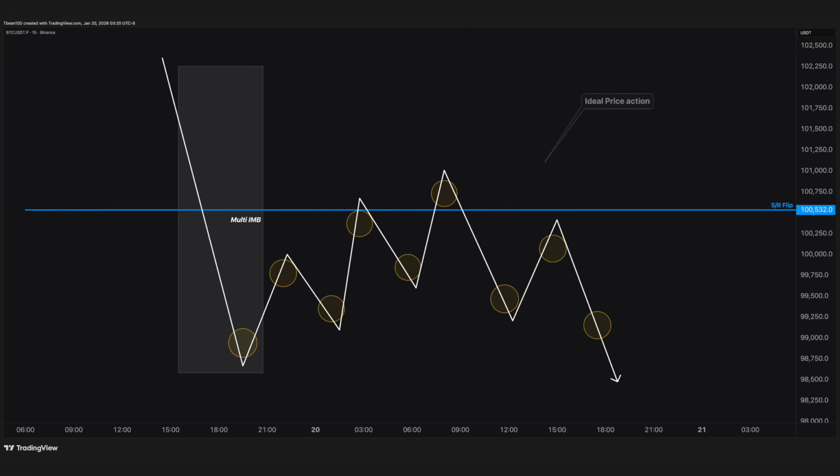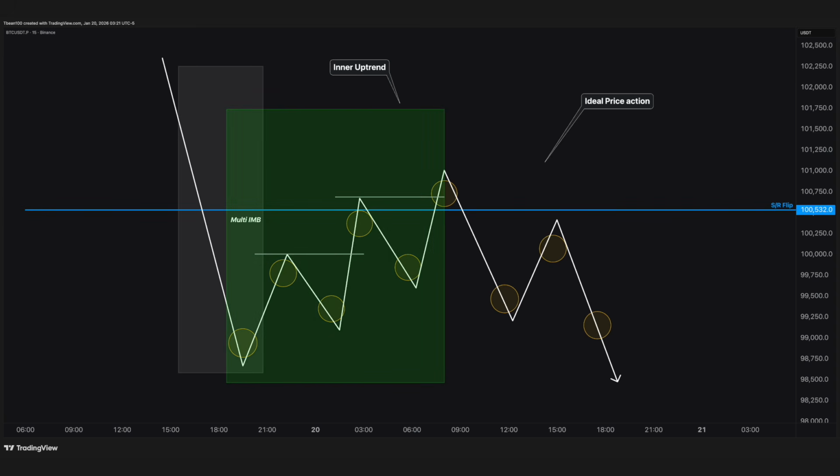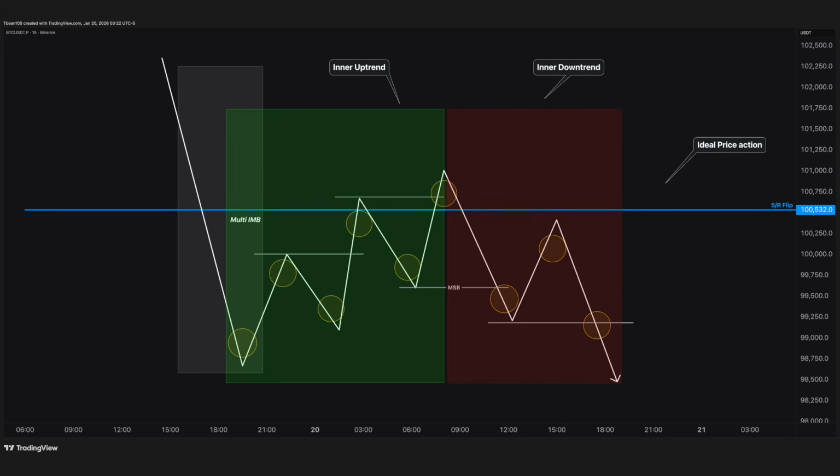So, for example, price making higher highs during an internal pullback, which I like to call an inner uptrend, is what we want to see first as a pullback. Then what I would like to see next is a clear shift in the structure. So the uptrend turns back into a downtrend again.